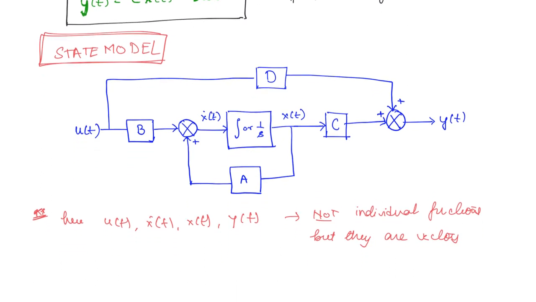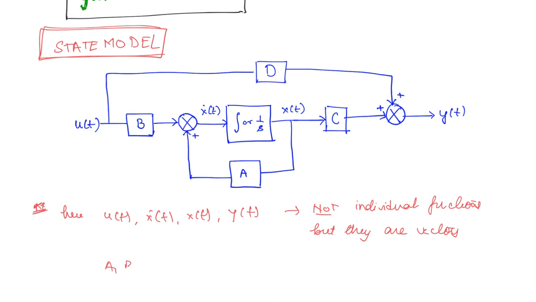Similarly, A, B, C and D, these are not just constants, but they are matrices. In the matrices anyways, they are constants only. Each of the elements is a constant element. Okay, but they are not a single constant, they are matrices.